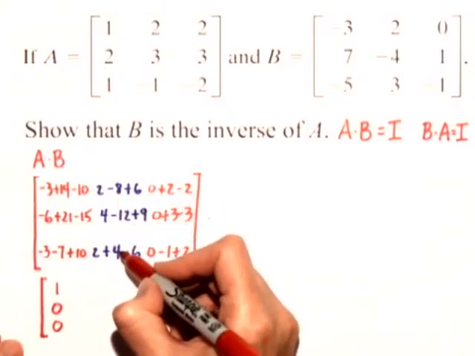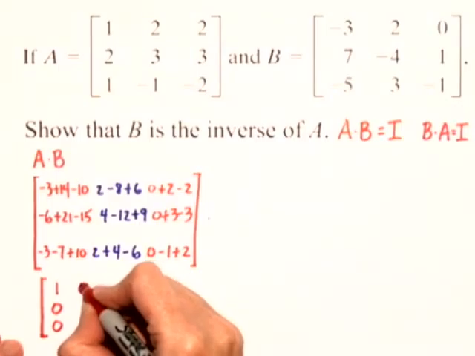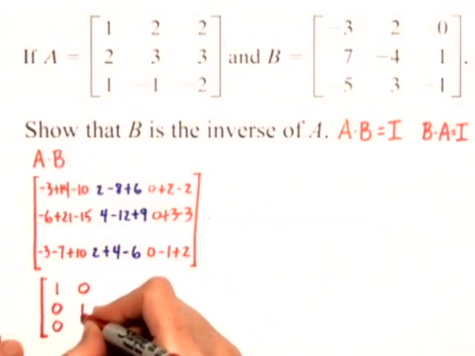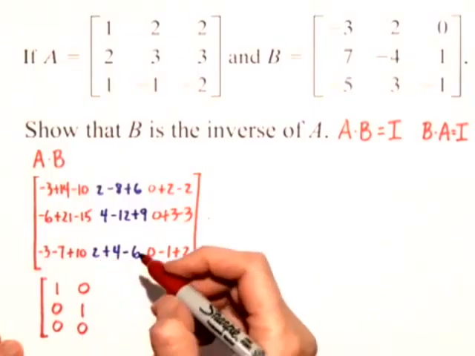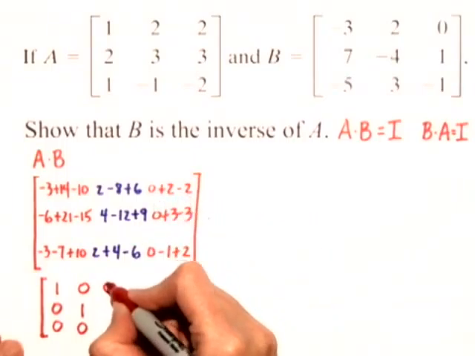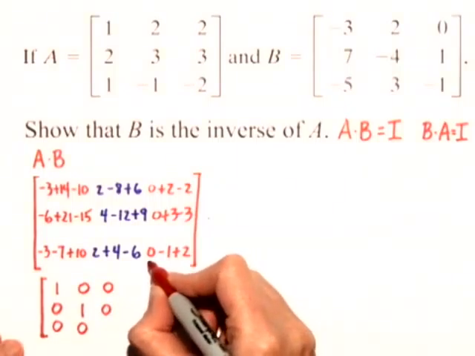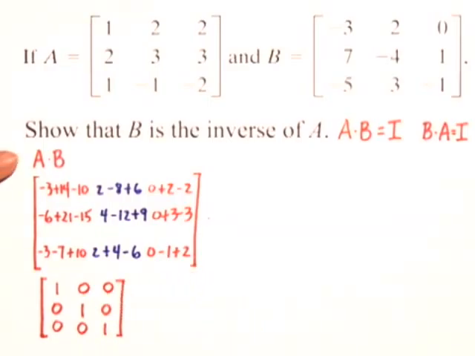Going down the middle column in blue, I have 2 minus 8 plus 6 is 0. 4 minus 12 plus 9 is 1. 2 plus 4 minus 6 is 0. The third column, 0 plus 2 minus 2 is 0. 0 plus 3 minus 3 is also 0. 0 minus 1 plus 2 is 1. So I've shown that if I multiply A times B, I do get the identity matrix.